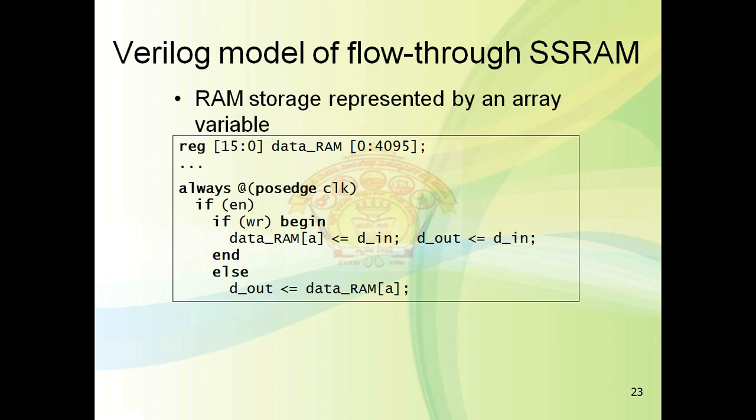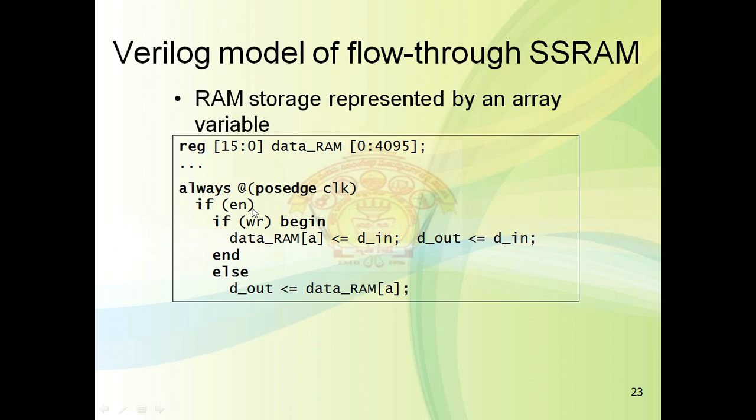In the flow through SRAM, you will have only an input register, it doesn't have an output register. As the name indicates, it is a flow through SRAM. Data will always be moved from the input, and in the next cycle you have to move it onto the output lines.